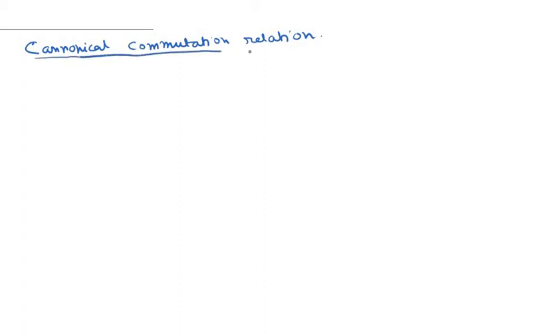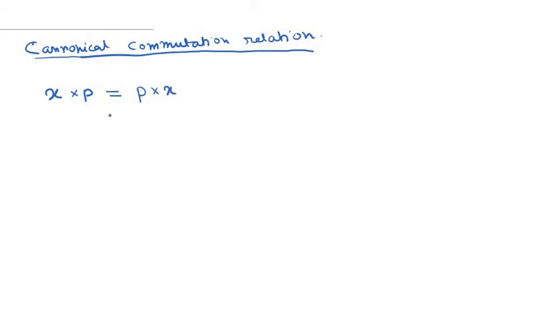Let us now go to another important part. This is known as the canonical commutation relation. Now, in classical mechanics, whenever we multiply two numbers, let us say we are multiplying a number x with a number p, it does not matter in which order we multiply these two numbers.